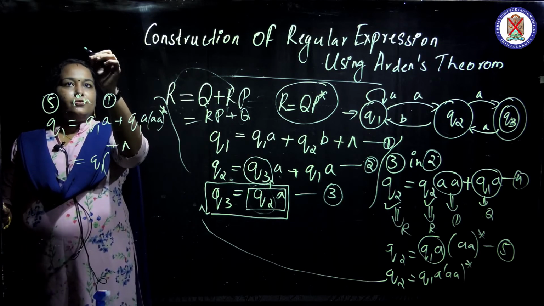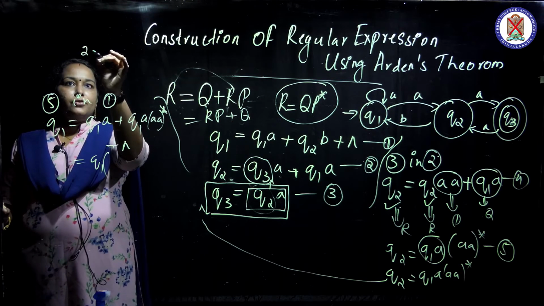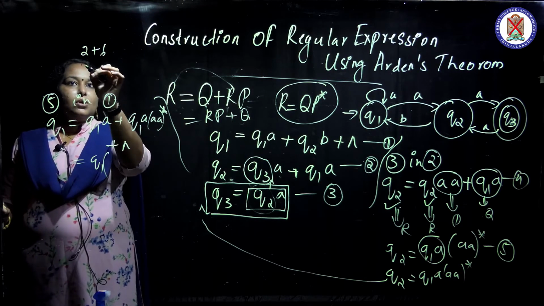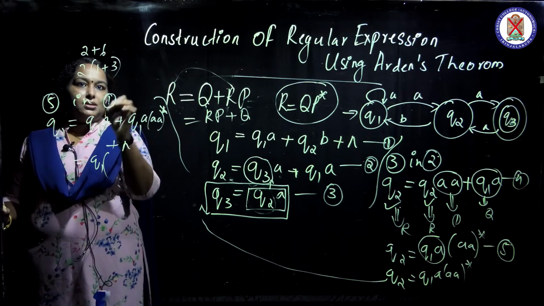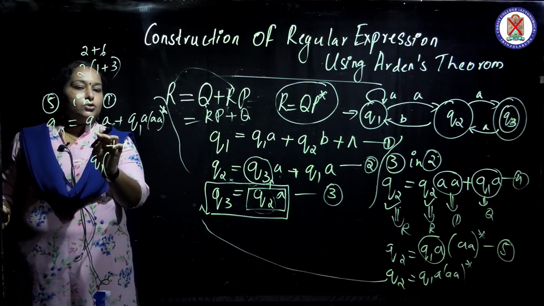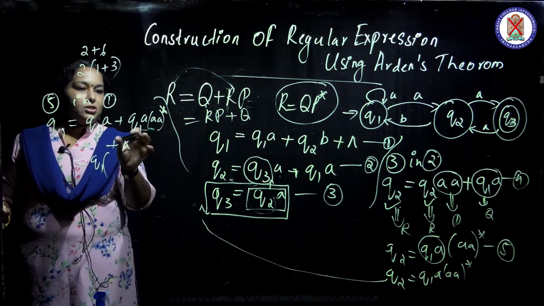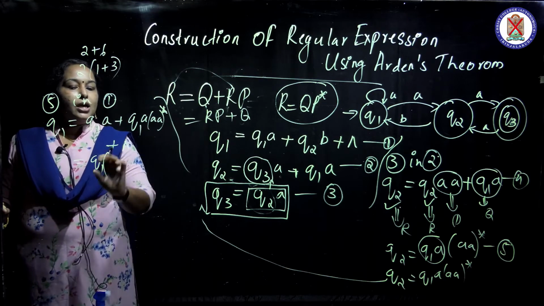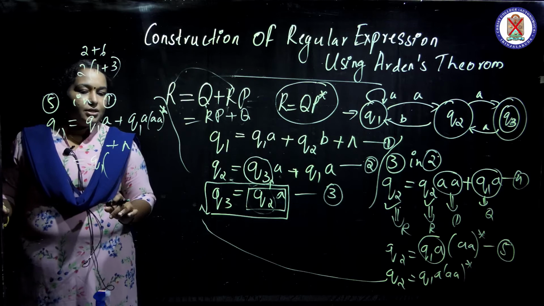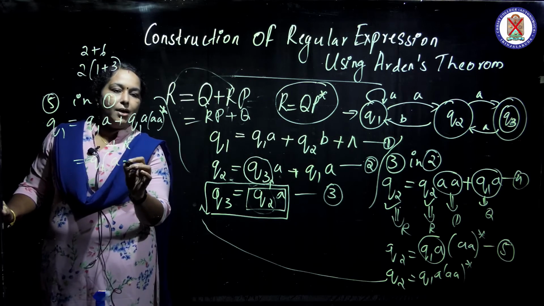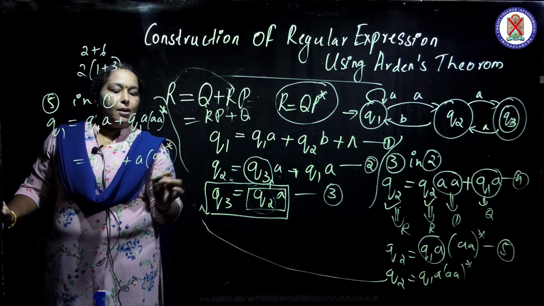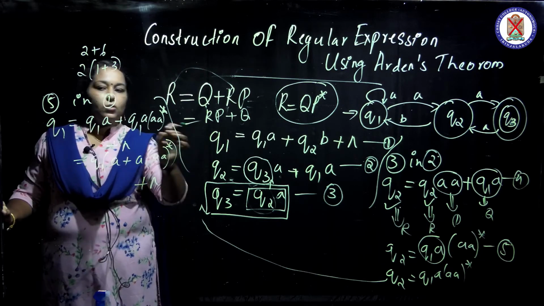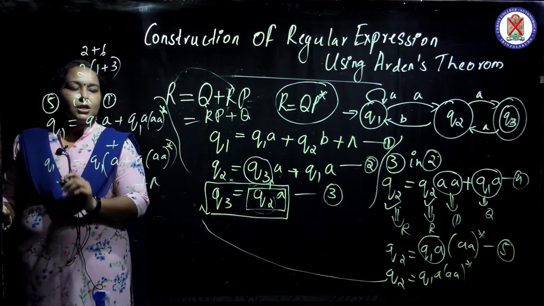For example, if 2 plus 6, what will you do? 2 into 1 plus 3, isn't it? That's the same way. Q1 is the same here, so you better take it out. Common factors can be taken out of the bracket. So A plus A whole star, plus epsilon.